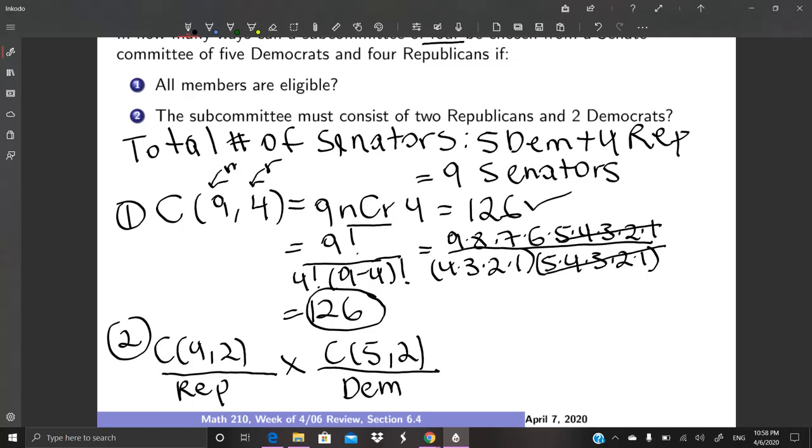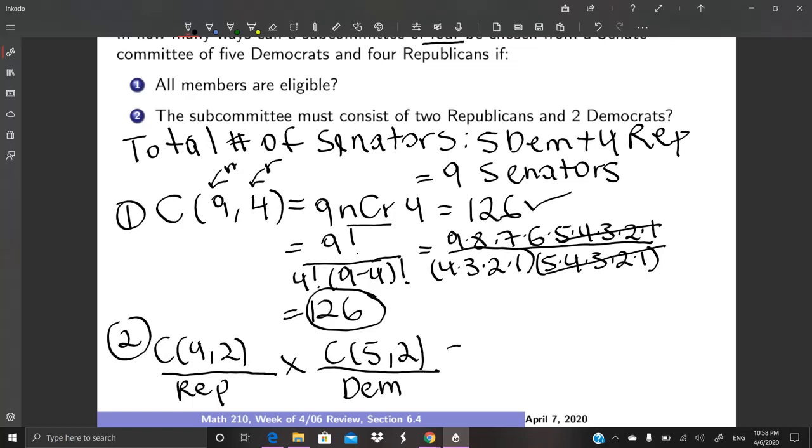So why am I choosing combinations instead of permutations? Because again, the order doesn't matter. We just need to make sure we choose 2. We don't care which 2. There isn't a systematic way to do it. Let's just choose 2 here and 2 here, right? 2 Democrats, 2 Republicans. As long as we do that, we're good.